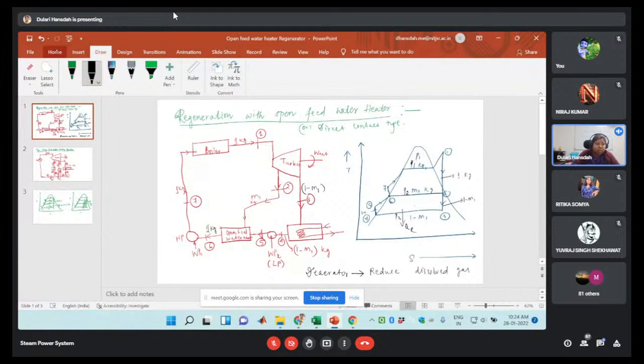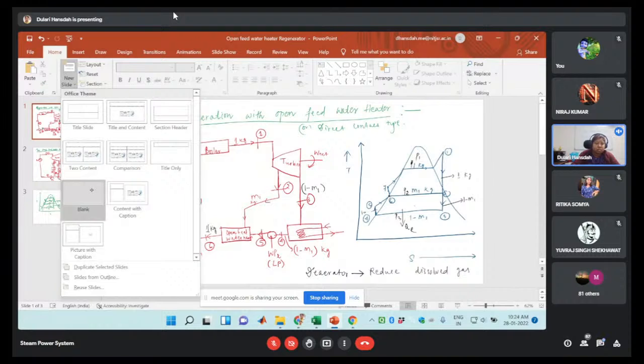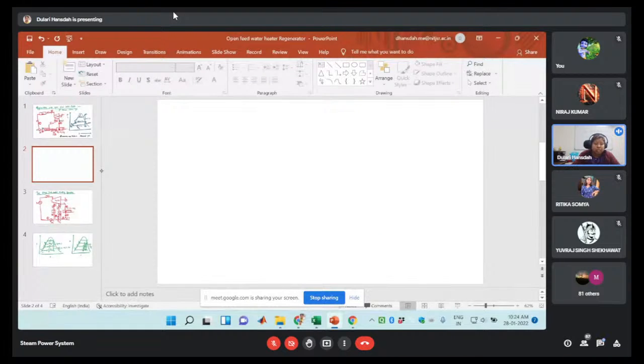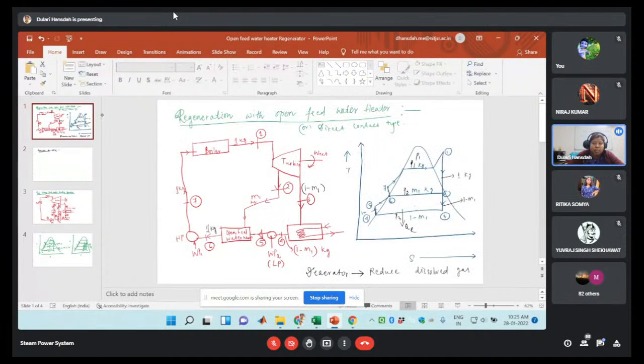Let us find out the steady flow energy equation used in this case. We are applying it first to the turbine, where 1 kg of mass is used.